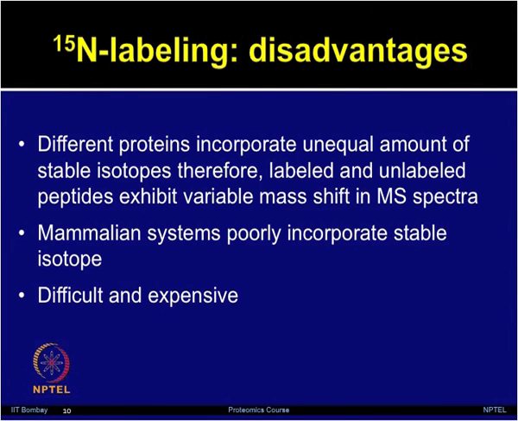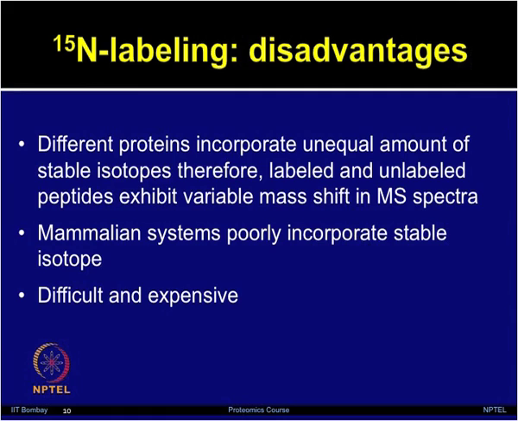Although 15N labeling is an easy method, there are various disadvantages. The protein incorporation in your control and treatment could be unequal due to these stable isotopes. Therefore, the labeled and unlabeled peptides exhibit variable mass shift in the MS spectrum.